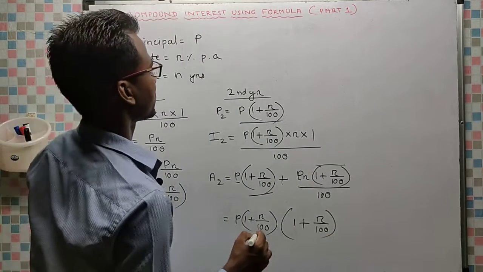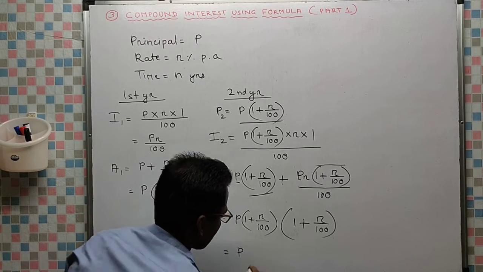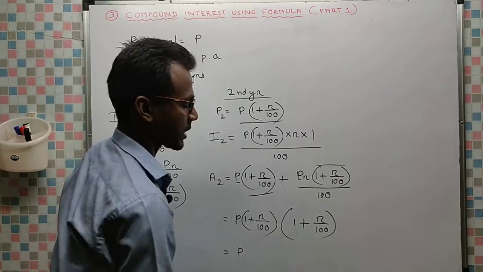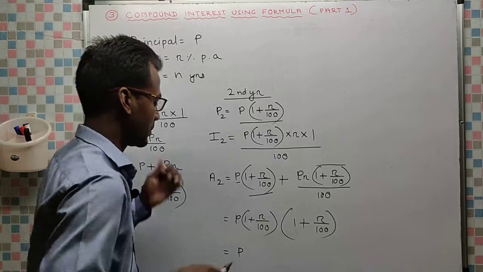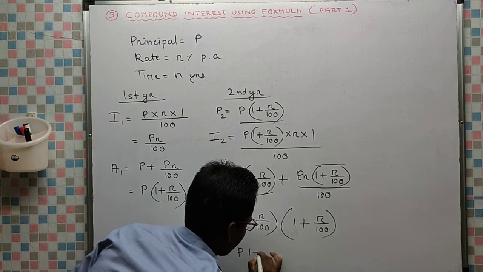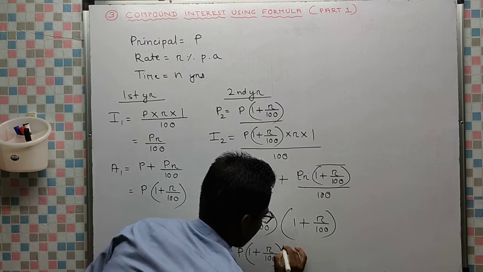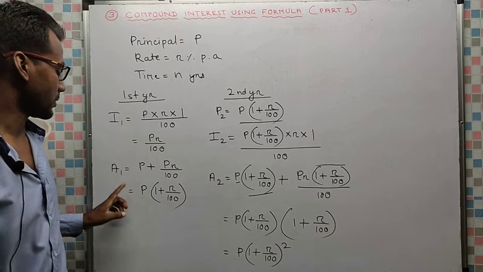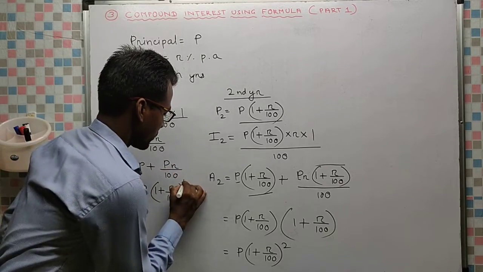Which is equal to P whole 1 plus R by 100 into 1 plus R by 100, which is in the form of x into x, which is x square. So 1 plus R by 100 whole power 2. See, A1 is equal to P into 1 plus R by 100 power 1.